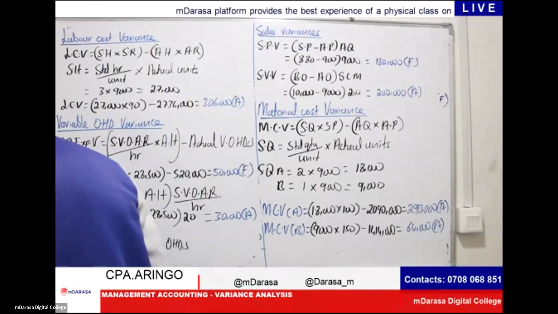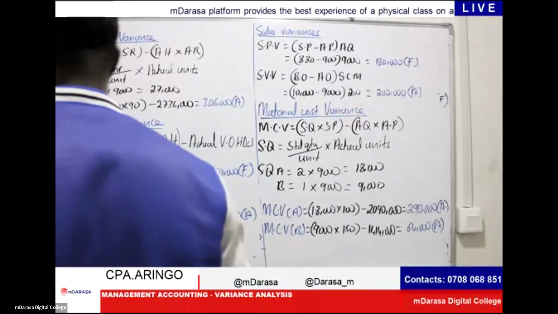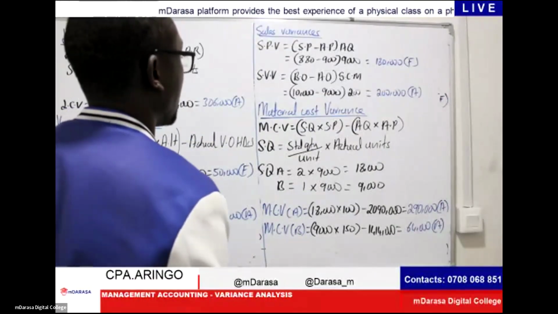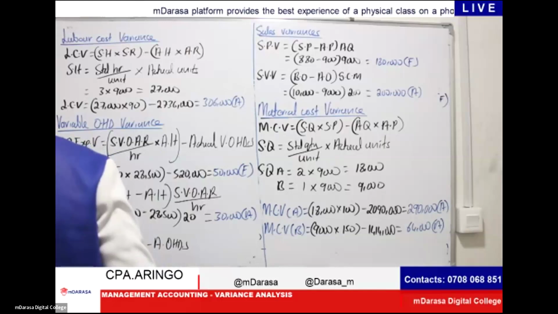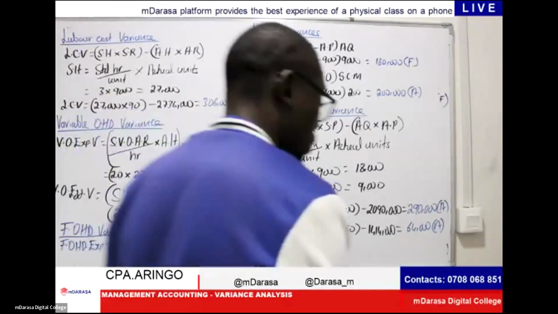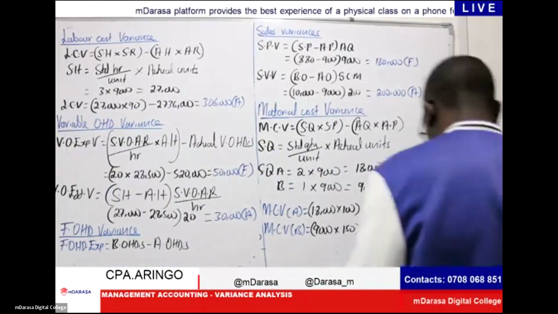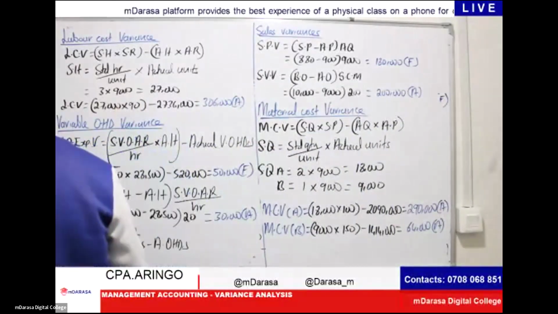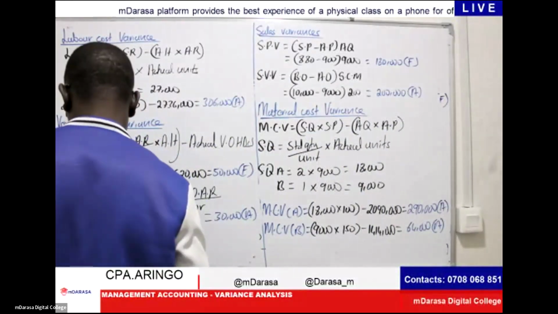For budgeted OHDs, the examiner gave us a value of 14,400 per year, which we already worked out. So per month, we get 1.2.